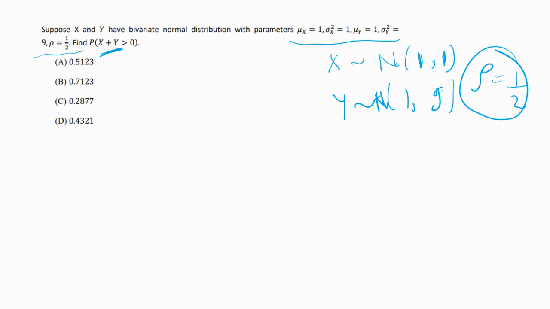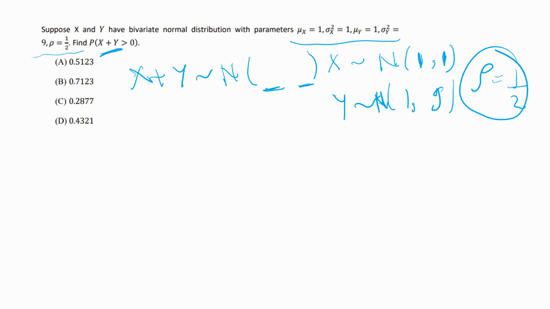To do the questions like this, what we take is that now x plus y follows which distribution. You need to know when x is normal distribution, y is normal distribution, then x plus y is also normal distribution. Now to find its parameters, we want to find the mean and the variance.